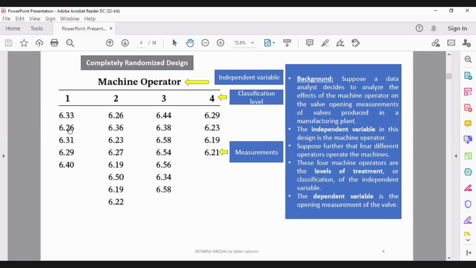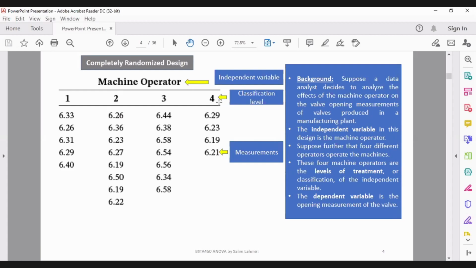So we got 1, 2, 3, 4, 5 measurements from level 1. We got 1, 2, 3, 4, 5, 6, 7, 8 measurements from level 2. We got 1, 2, 3, 4, 5, 6, 7 measurements from level 3, and we got 4 measurements from level 4.